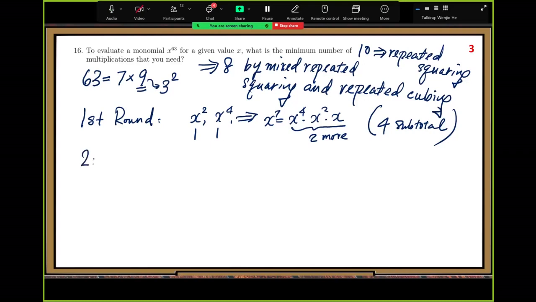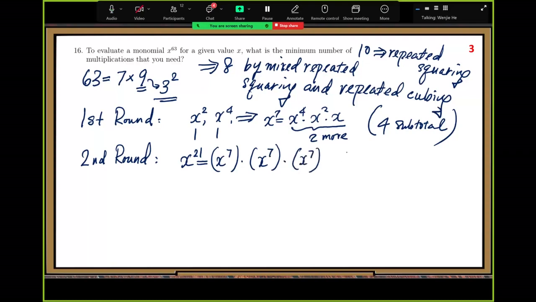Then second round, you need to switch to repeated cubing, because so many power of 3 factors you need to take advantage of. So then x to the 21st equals x to the 7th times x to the 7th times x to the 7th, 2 more multiplications.